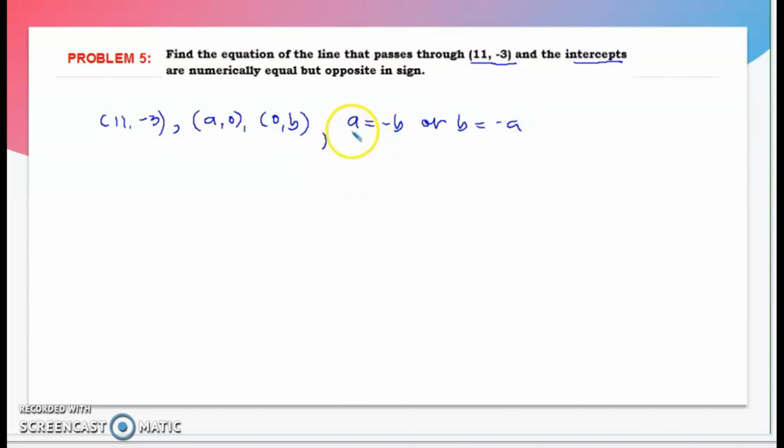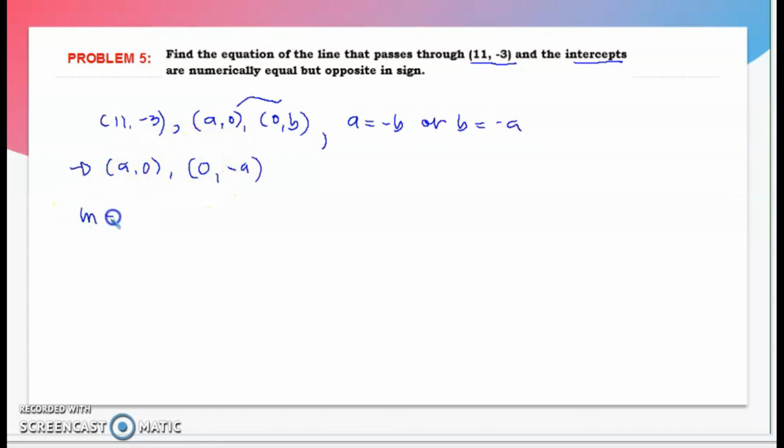Now, let's substitute a to b or b to a. Now, using the intercepts. So, (a, 0), and then substitute negative a to b. So, that is (0, negative a). And then, we have 2 points in here.